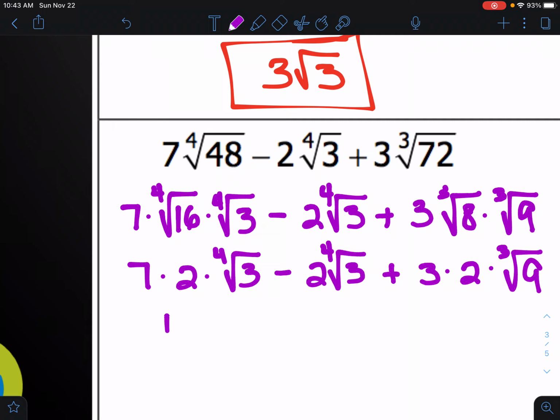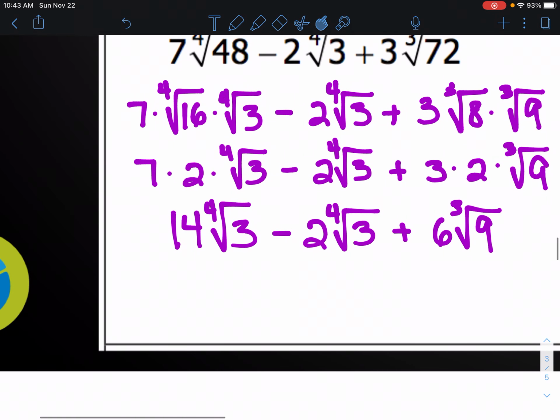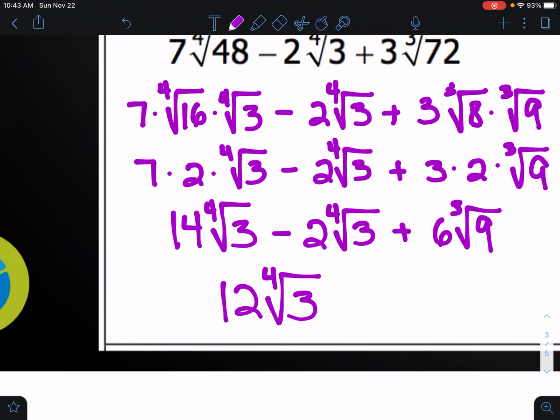All right, so 14 times the 4th root of 3 minus 2 times the 4th root of 3 plus 6 times the cube root of 9. All right, so that means I can put together these first 2, but that's it, because they're 4th roots of 3. So this would be 12 times the 4th root of 3 plus 6. Okay, and that's my answer.